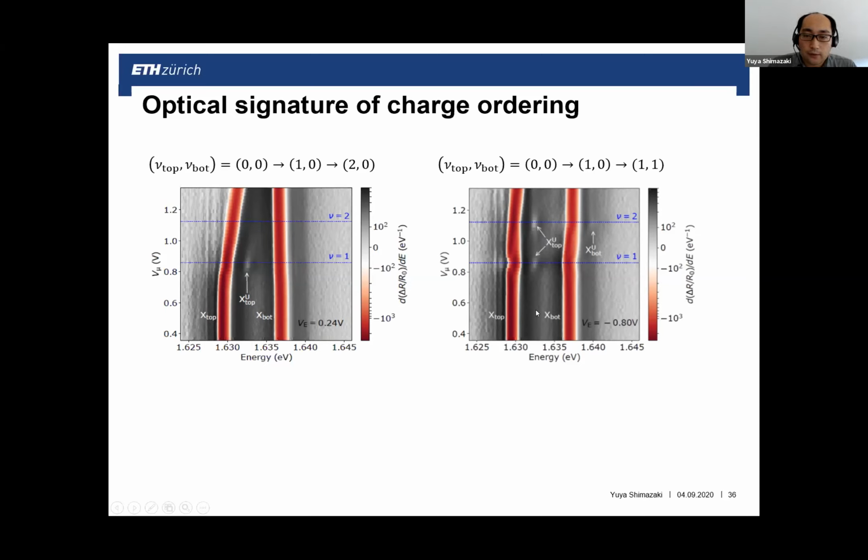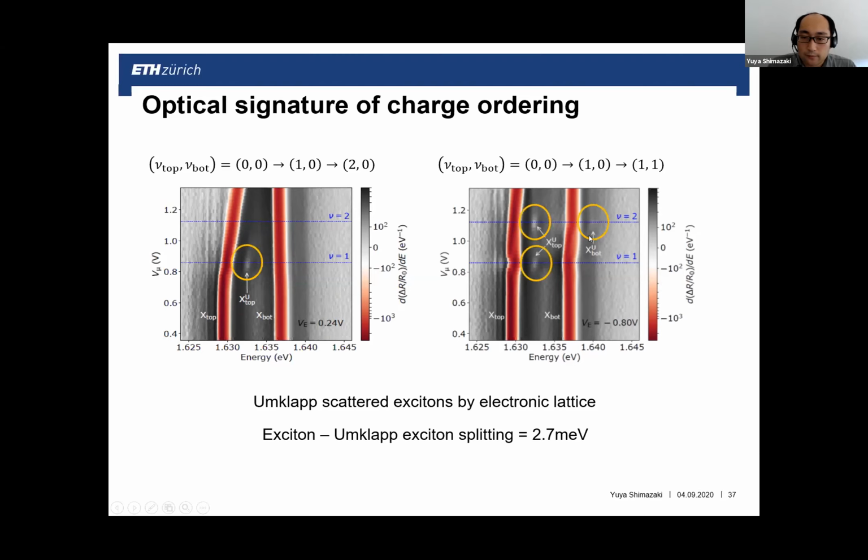If we do the gate scan under a different bias voltage condition, here we change the charge configuration from the 0-0 state to the 1-0 state and the 1-1 state. Here again, we see the Umklapp scattered exciton for the top layer. And now, in addition to the top layer Umklapp scattering, we see the bottom layer Umklapp scattering also.